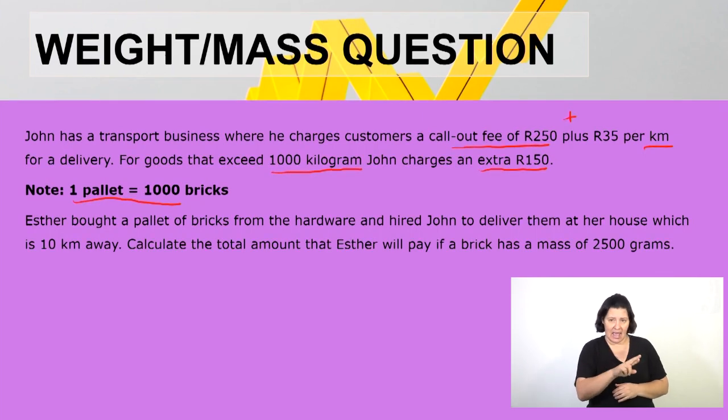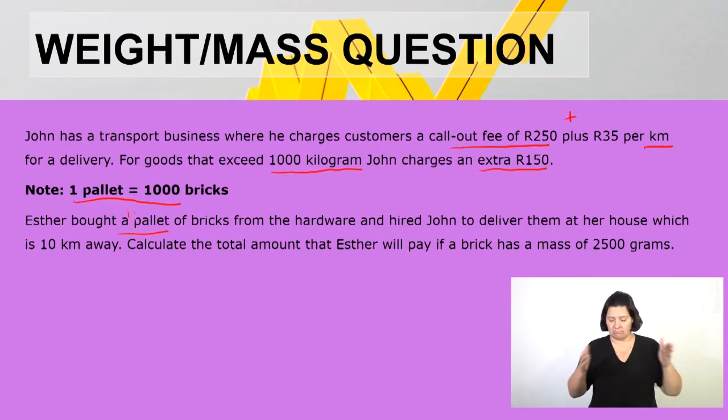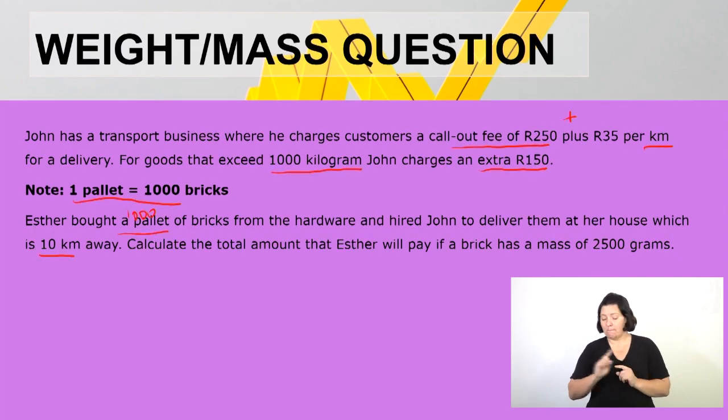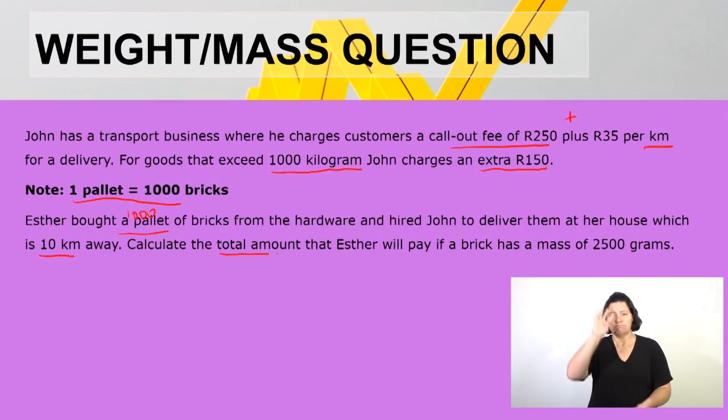Esther bought a pallet, which is 1,000 bricks, from the hardware and hired John to deliver them at her house, which is 10 kilometers away. Calculate the total amount that Esther will pay if a brick has a mass of 2,500 grams.